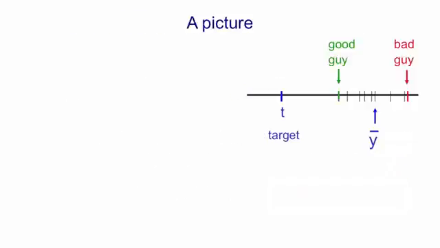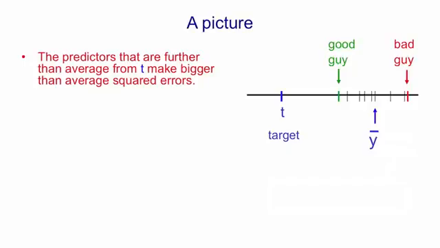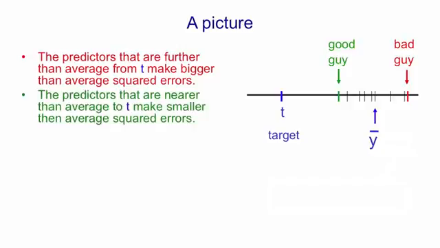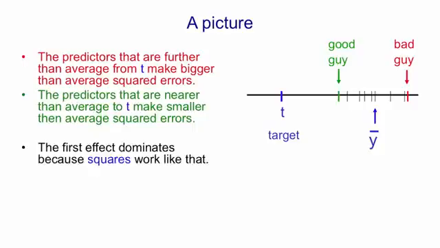So I want to show you that in a picture. Along the horizontal line we have the possible values of the output, and in this case all of the different models predict a value that's too high. The predictors that are further than average from t make bigger than average squared errors, like that bad guy in red, and the predictors that are less than the average distance from t make smaller than average squared errors. And the first effect dominates because we're using squared error.